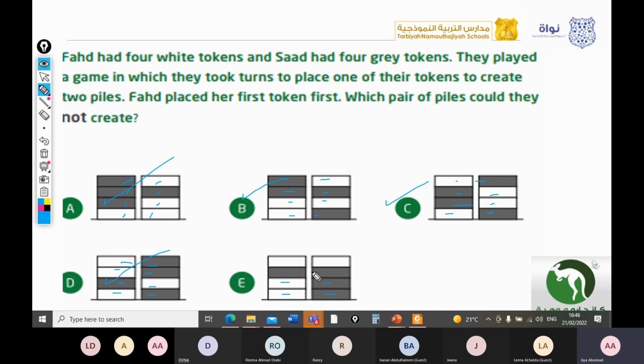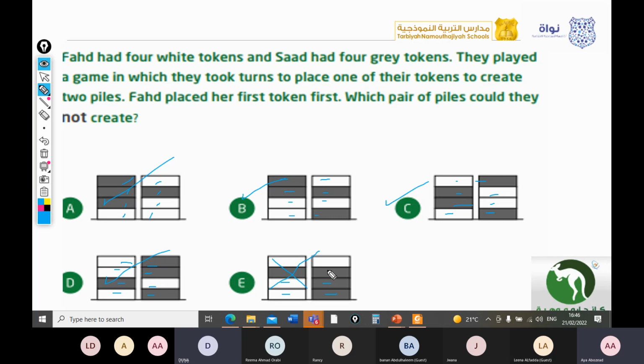After that, where is the 1 white? Do you know where is the 1 white? There is no white. You must put 1 white, 1 gray, 1 white, 1 gray. And of course, I cannot jump for a gray I don't put. So now I cannot create E because on the side you cannot find where the white is.